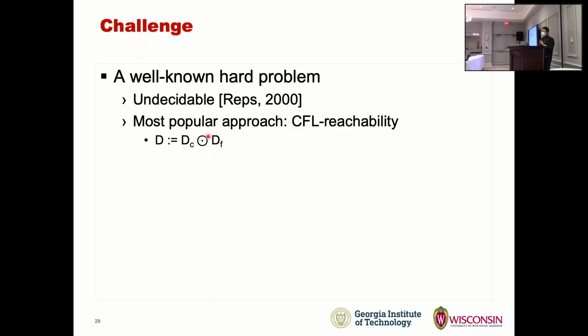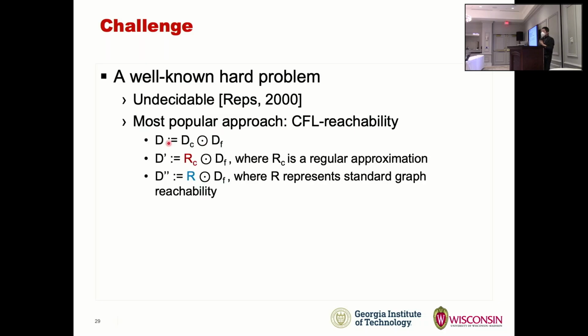Recall that the precise language that we want to deal with is the interleaved Dyck language. It turns out that we can use a regular language to over-approximate one of these context-free languages. In this case, we can use a regular language to over-approximate the first Dyck.